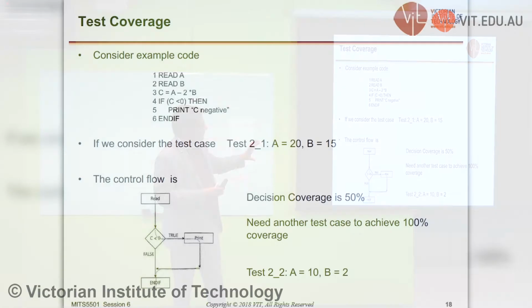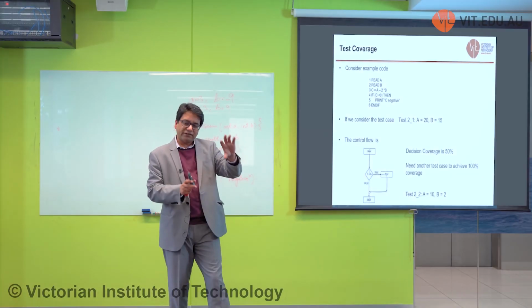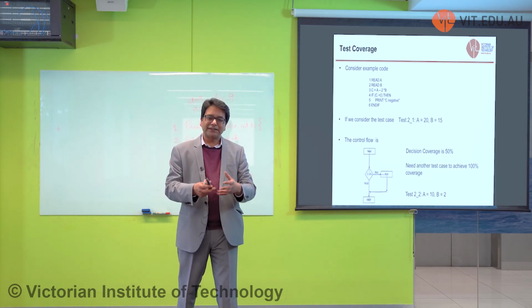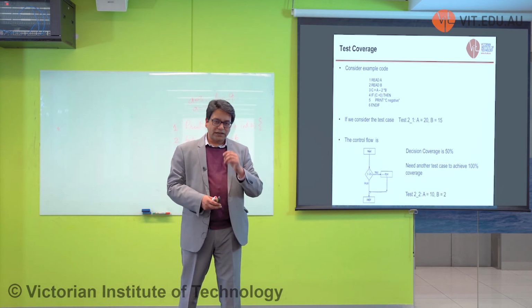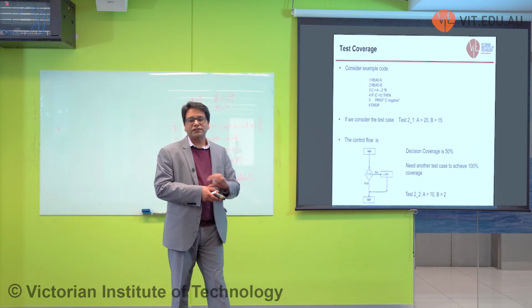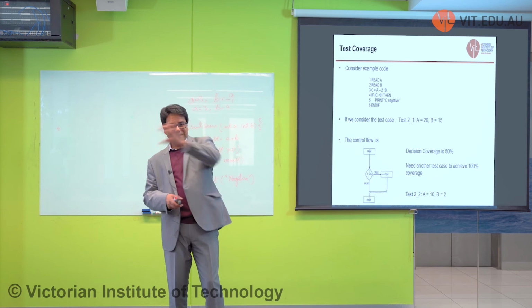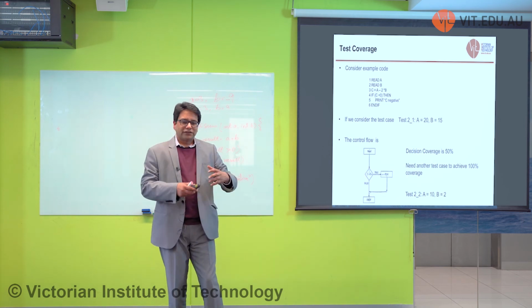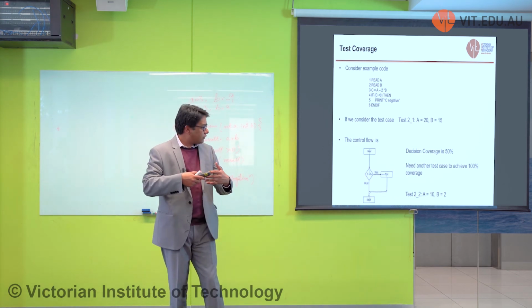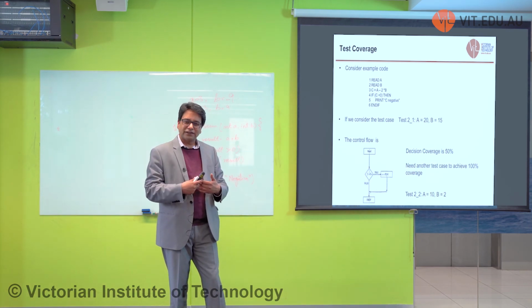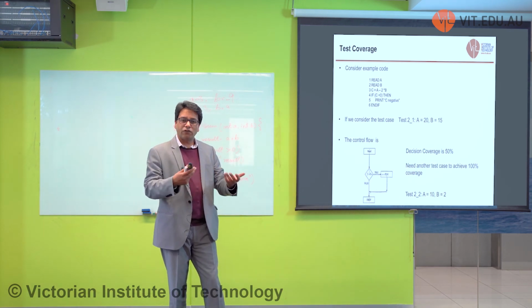Now if we have an if statement with an if and else block, this test case would execute 50% of the if statement. It only executes the if block, not the else. So in order to have full coverage, we need another test case where our condition is false.